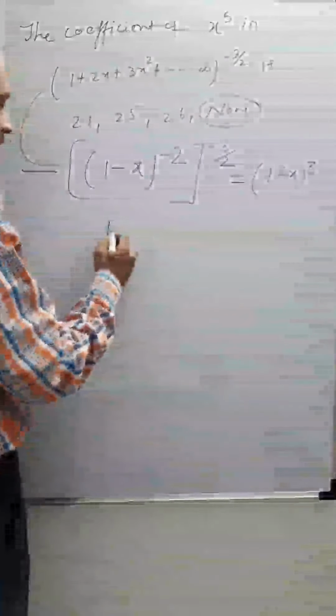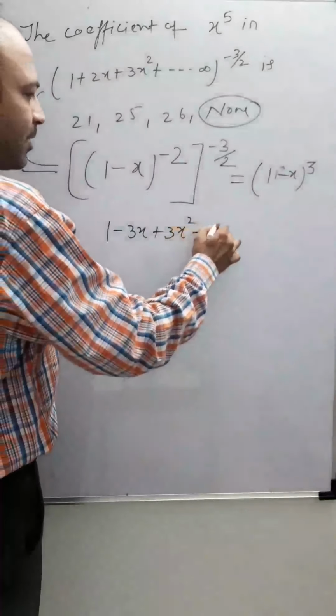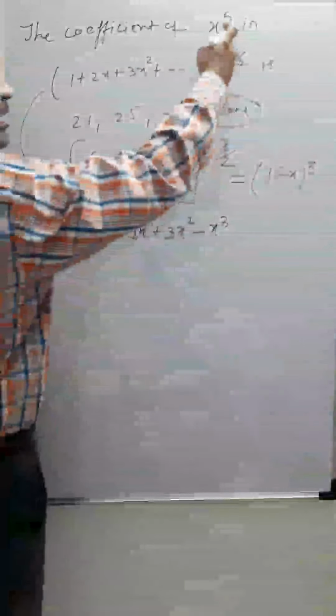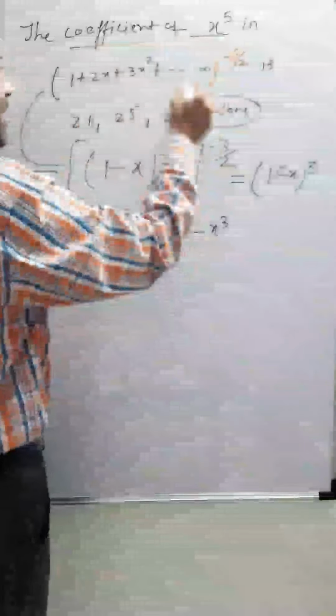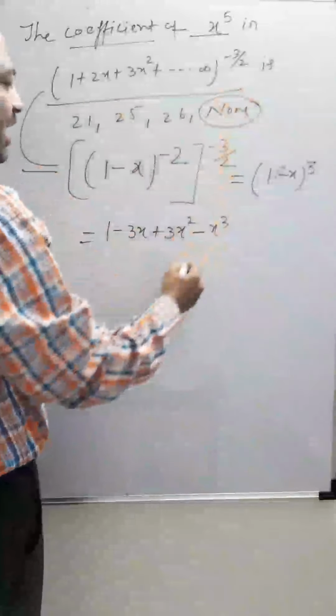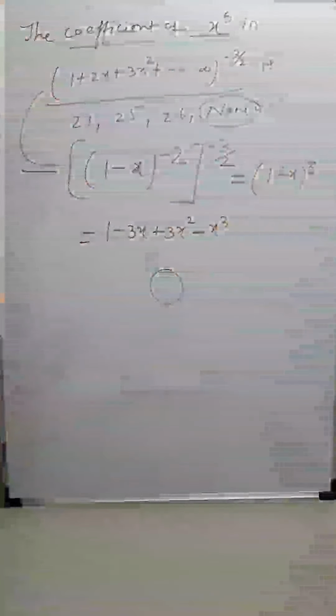See, when you expand this, what is it going to be? When you expand this whole cube, there is no power of x to the power 5. So the coefficient of x to the power 5 in this particular sum will be 0. We don't have x to the power 5. So none is the correct answer. Fine.